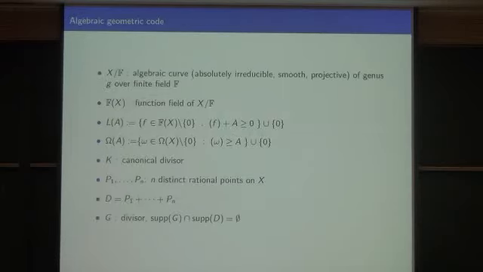X over F is an algebraic curve, absolutely irreducible, smooth, projective of genus g over a finite field. F(X) is the function field of that curve. The Riemann-Roch space L(A) is the set of rational functions f such that the divisor of f plus A is non-negative.